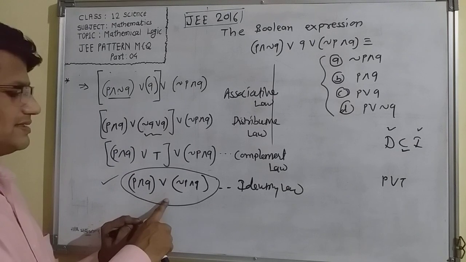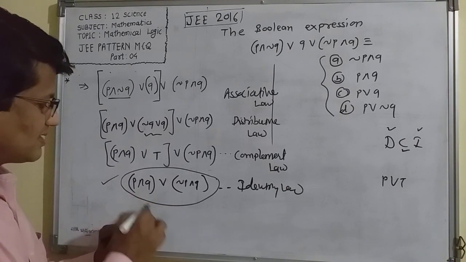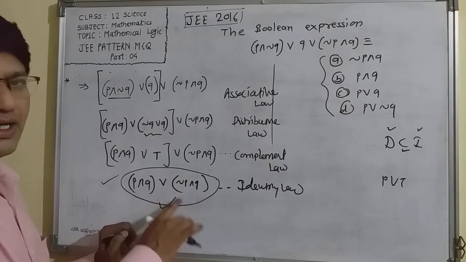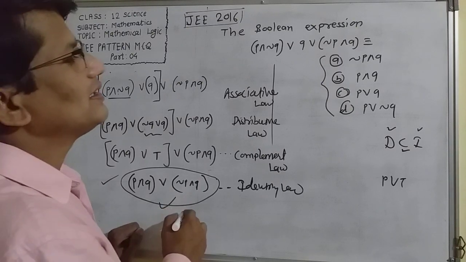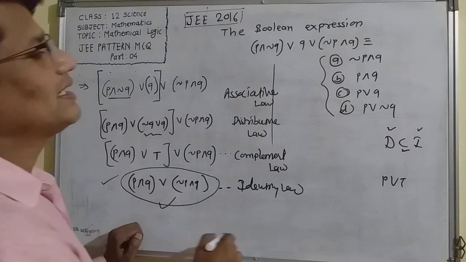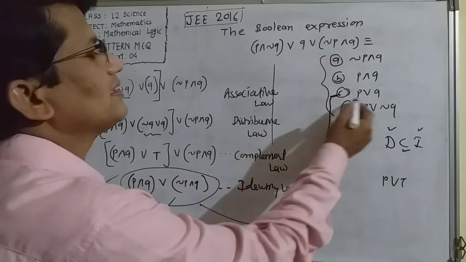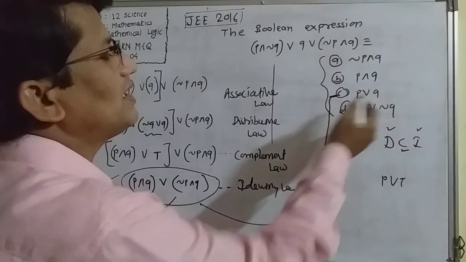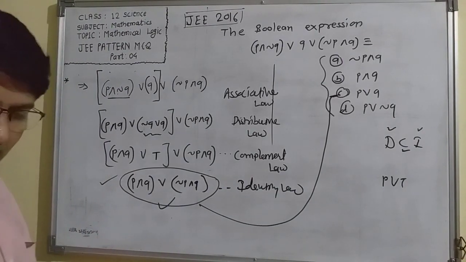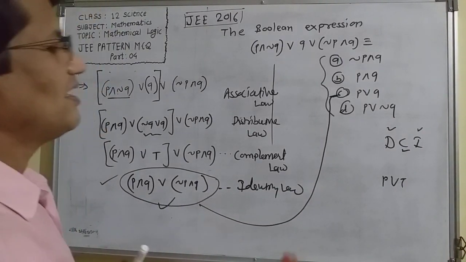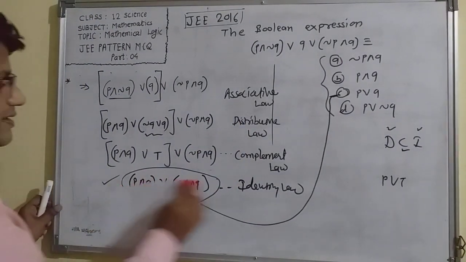The same example is there. By constructing the truth table of this, we will get the answer which is given in C. The correct answer is P or with Q. This is the answer of this question.